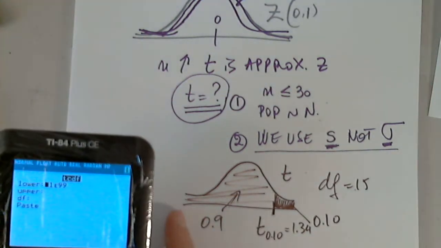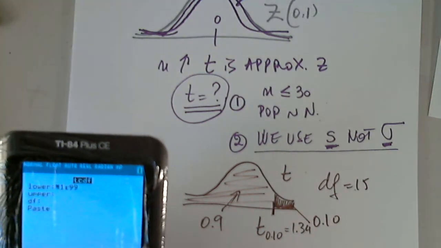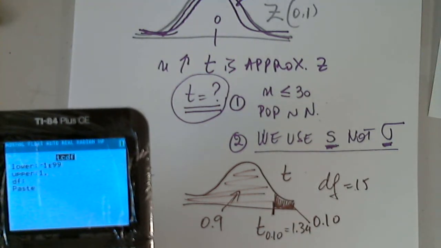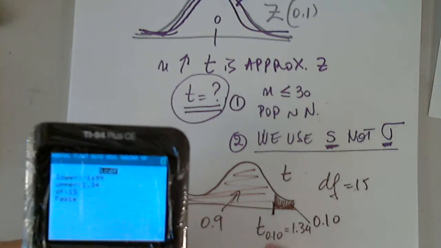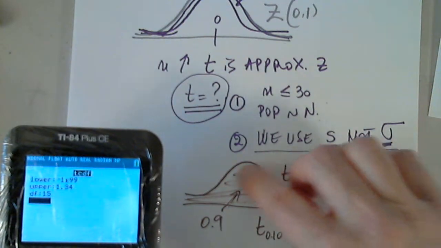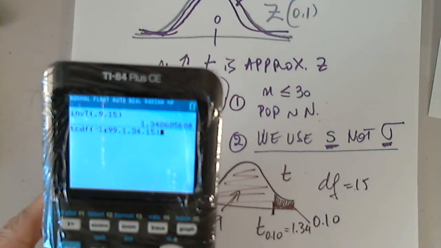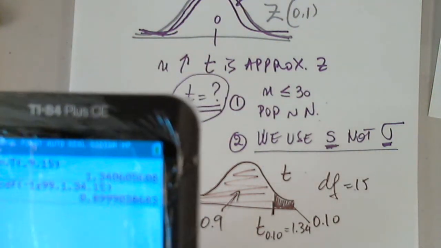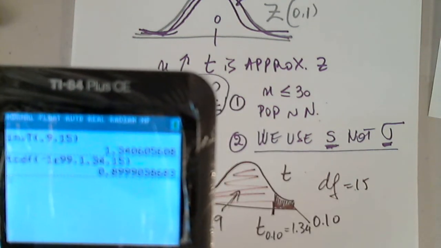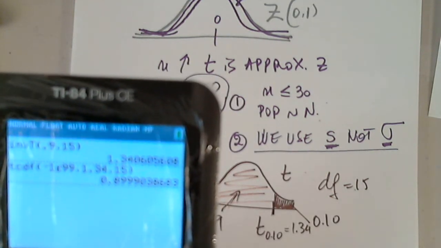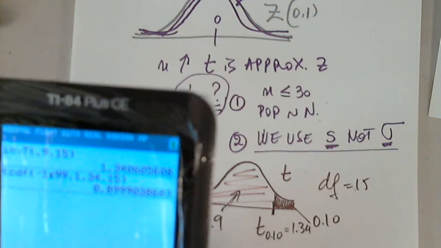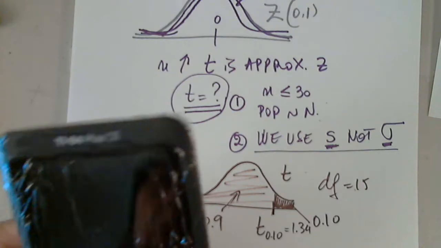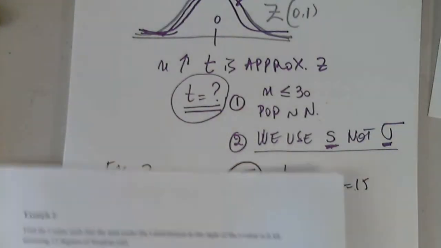So the lower is negative infinity, the upper is 1.34, and degrees of freedom 15. If I don't get the area to be 0.9, then something is wrong. In this case, it gives the correct area. Of course, there is a little approximation, so I'm happy with 0.89999. It's 0.9.